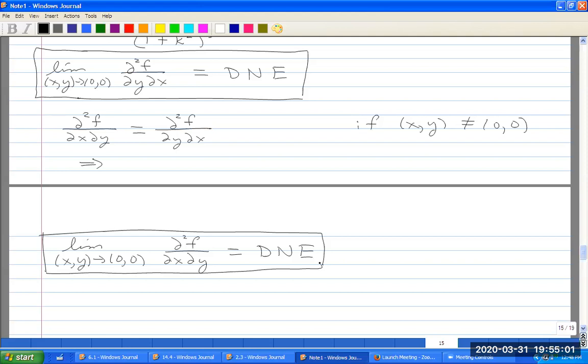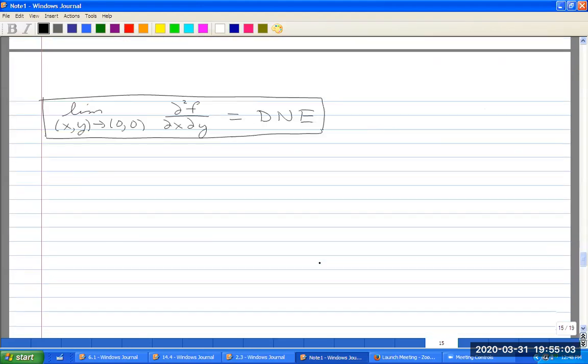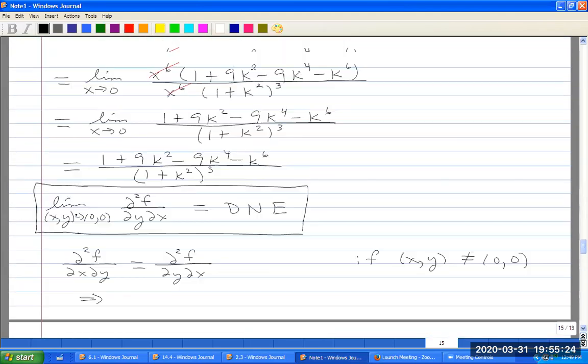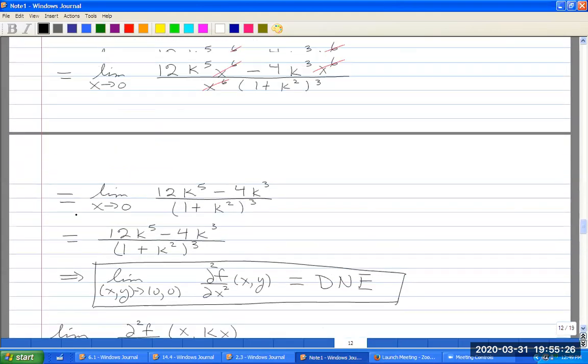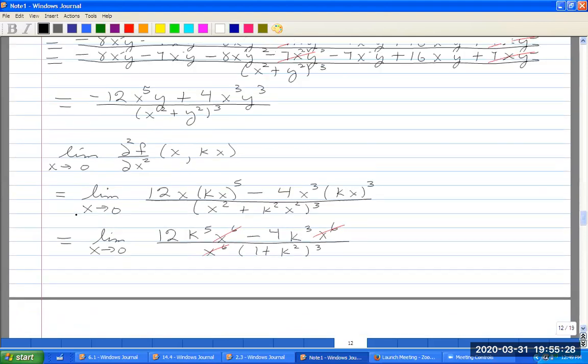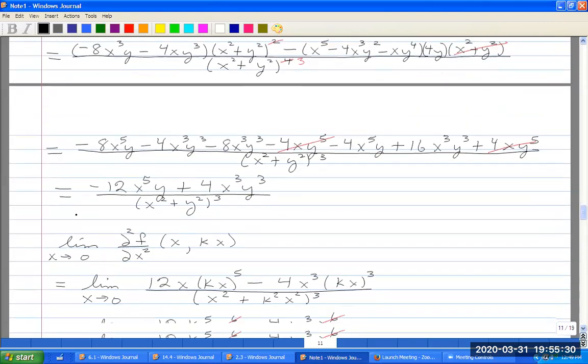So I just have one more to do. And so let's just do the limit as x goes to 0 of partial f with respect to y at x, kx. Okay, so let's just do that last one. So the second partial with respect to y is that?